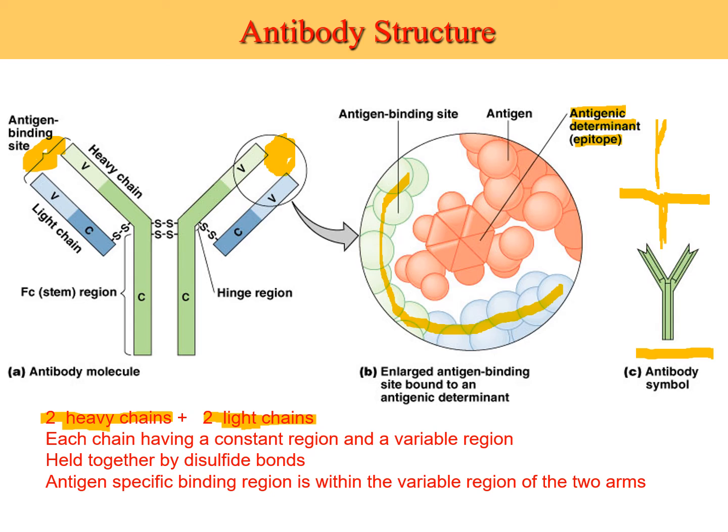Each B cell has a different target antigen because the antigen binding site made by those two variable regions of the heavy and the light chain, this area in here, is unique to that particular B cell and its antibodies as compared to the next B cell and its antibodies. And this is identical here also, and so there are two antigen binding sites that can bind these epitopes or antigenic determinants found on a foreign antigen molecule.